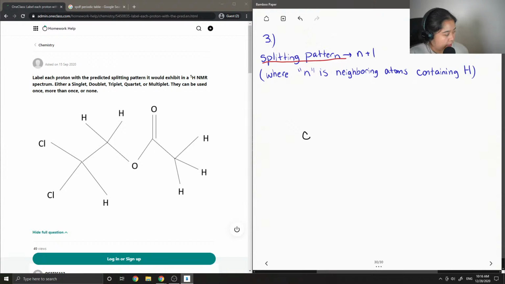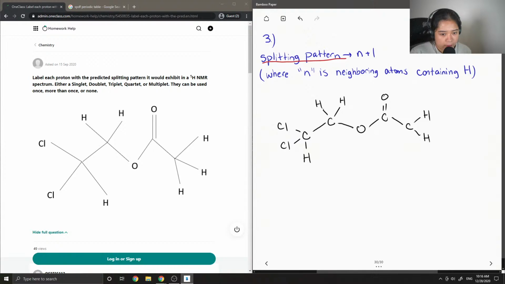We start off with a carbon that has 2 chlorines and 1 hydrogen. We have another carbon that contains 2 hydrogens. This is bonded to an oxygen group, another carbon with a carboxyl functionality, and then lastly, a carbon that has 3 hydrogens.